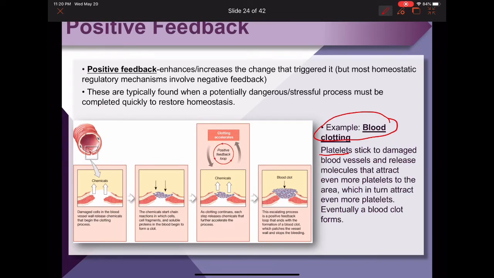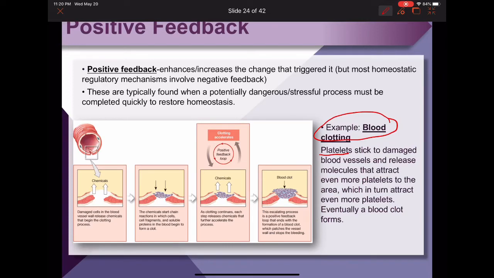Once one platelet binds, it releases chemicals that attract other platelets to bind. Okay, and then once you have 10 platelets, all of those 10 platelets are releasing signal, hey, we need help here, we need to close up the wound. Okay, let's gather all the soldiers in the fight.